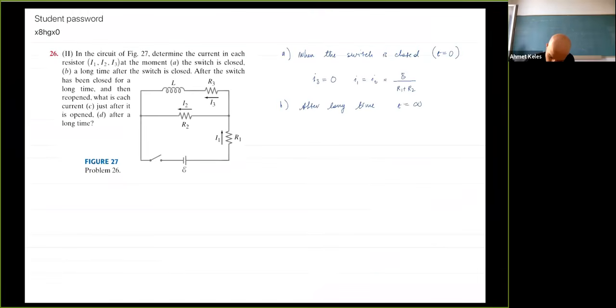It's like no L. Then I need to calculate the REQ. So REQ is going to be equal to R1 plus 1 over R2 plus 1 over R3, to the minus 1, which is going to be equal to R1 plus R2 R3 divided by R2 plus R3.